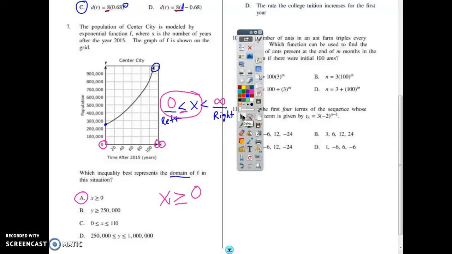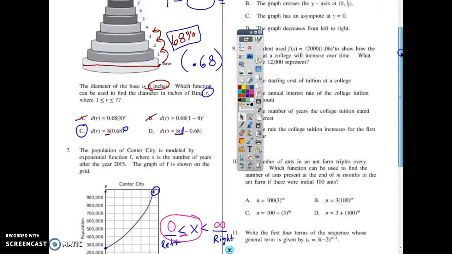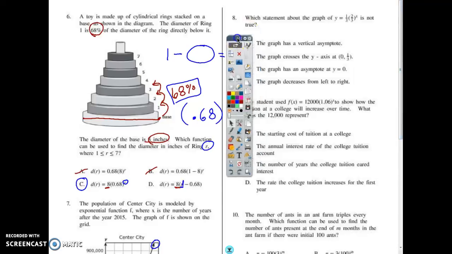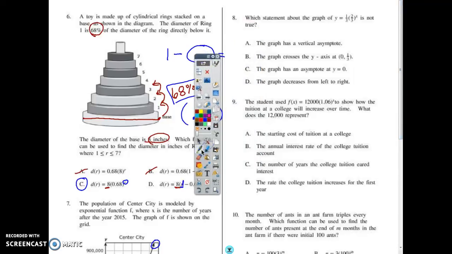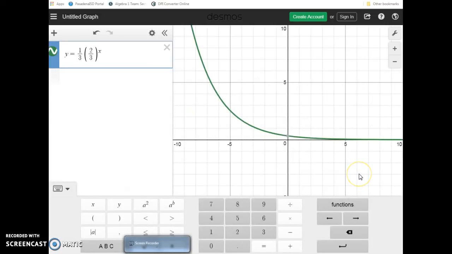Okay, problem number 18. I need you to put this in Desmos. Put this equation in Desmos and figure out which one is not true. Which one of these is not true? Go. Okay, so when you type it in Desmos, this is what it looks like.